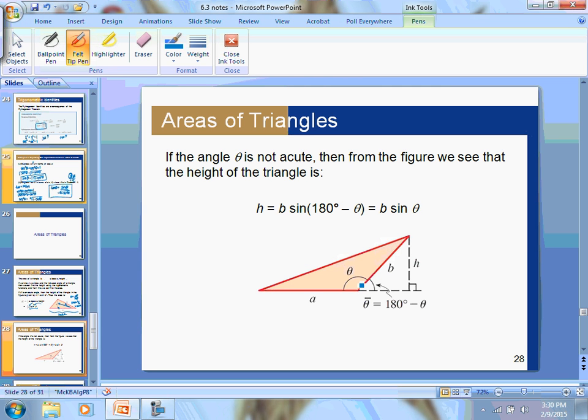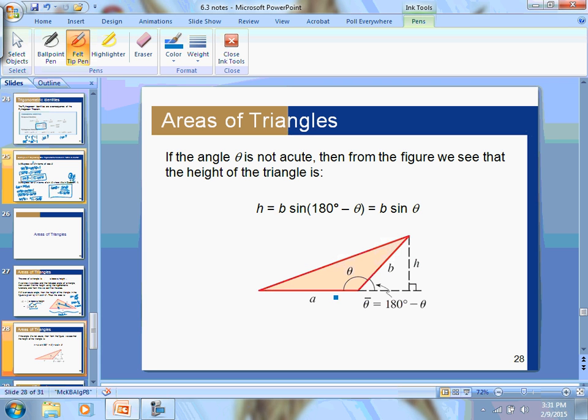If you know an internal angle and not an external angle, you can, remember, drop in that altitude or that height wherever you need to. So if you can't put it on the inside of the triangle, you can drop it down outside the triangle as well. That's what this slide is reminding you of. Okay?